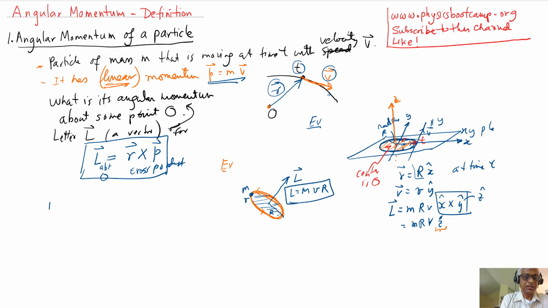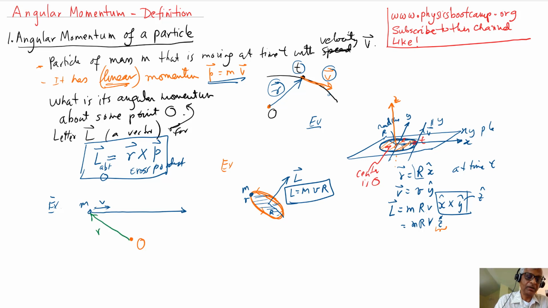Let's look at another example. A particle is moving in that direction. So say this is the velocity and this is the mass of the particle, and the velocity is that way. And I want the angular momentum about this, my O. Well, you'll be probably surprised.